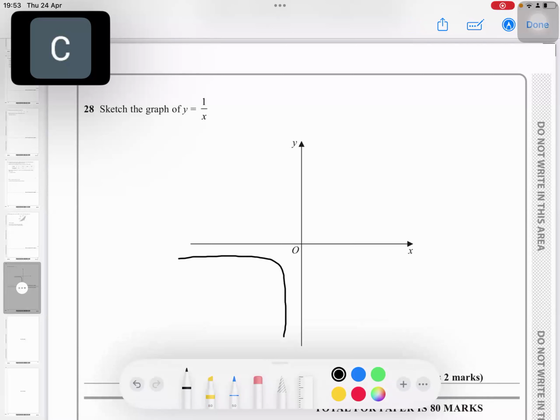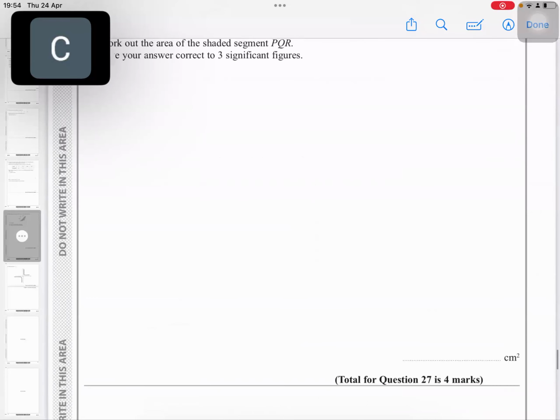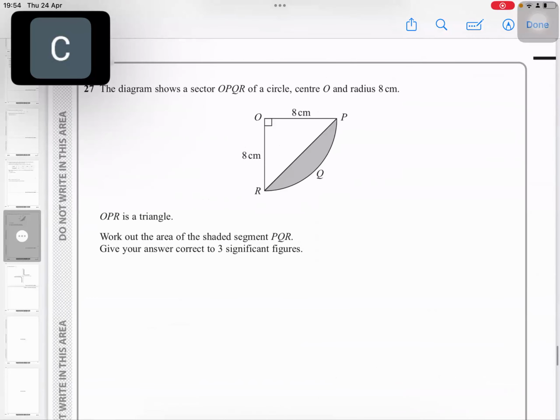Yes, something like that. Exactly. Yes, that's it.